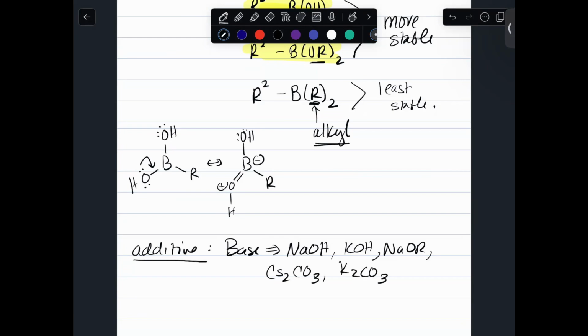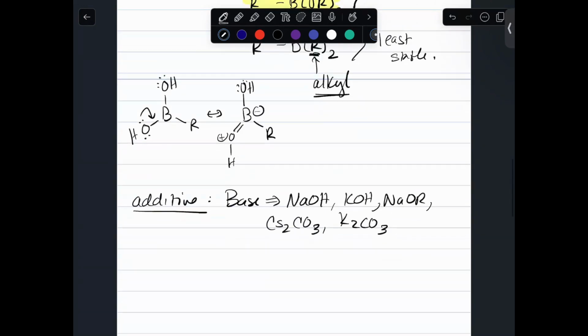In our research group, we tend to use potassium carbonate. And so what these additives do, and what I'll show you as we're talking about the mechanism, is it facilitates the transmetallation step.